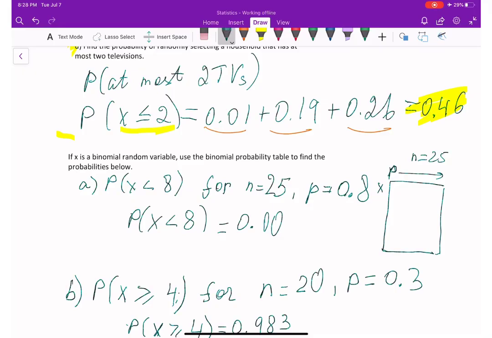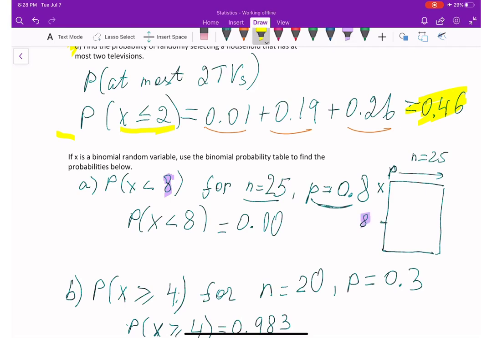So you choose the one that is 25 and you find x equal to 8. Let me mark it down. You are taking x is 8.